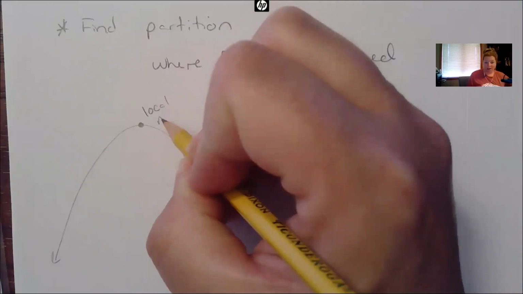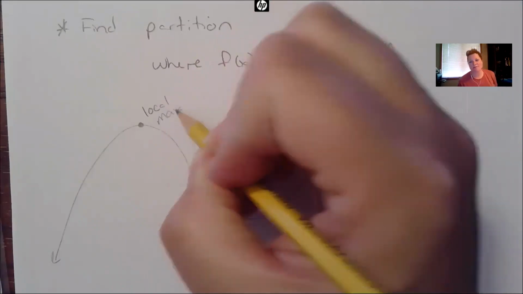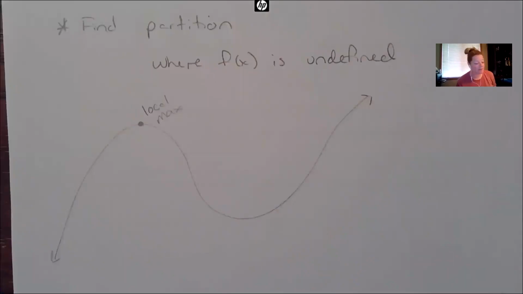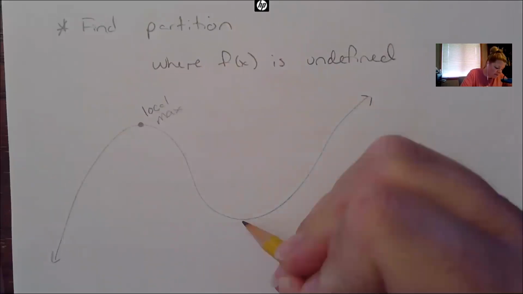A critical value is a max or min, and this would be a local min.